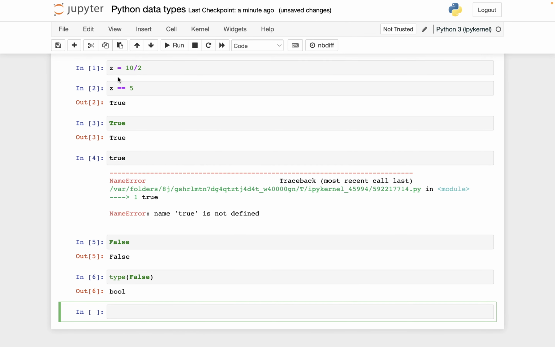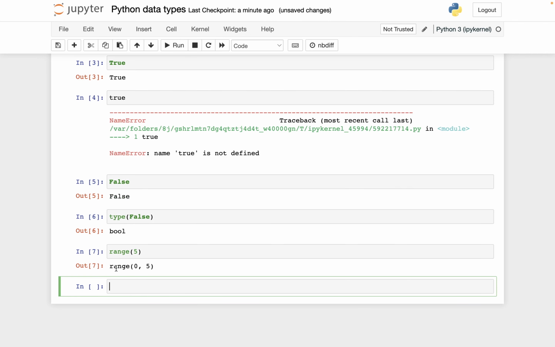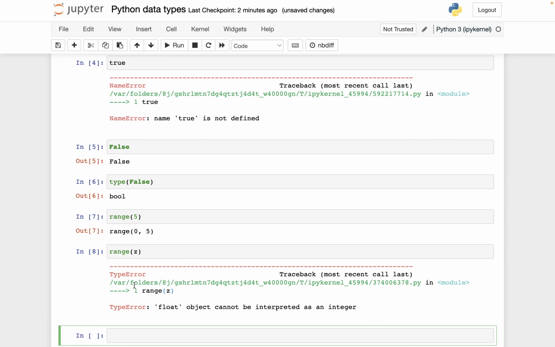Okay, so let's use this z equals 5 somehow. So for example, we can make range 5, which I think of as producing the integers 0, 1, 2, 3, 4. Can try to do the same thing with z, but I get this error.